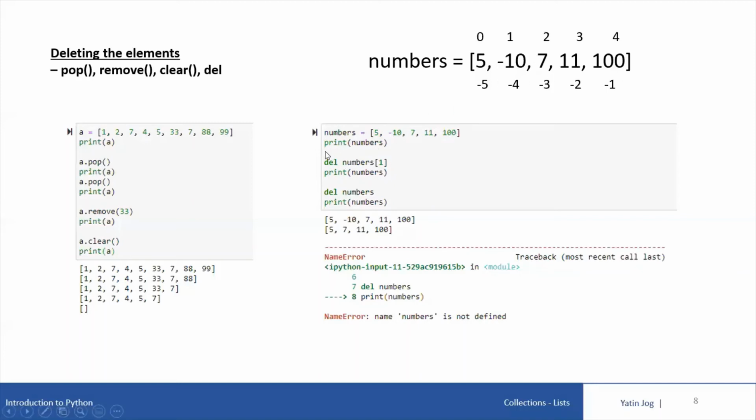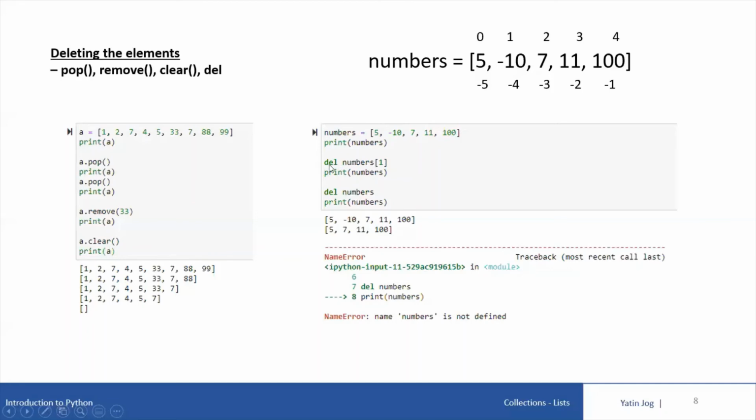Then if I say print numbers, it will print the whole list as it is on the screen: 5, minus 10, 7, 11, 100. Now I want to delete a specific element of the list variable which is present at index 1, that is minus 10. So I can say del and then numbers of 1. You can also put this numbers of 1 into parentheses.